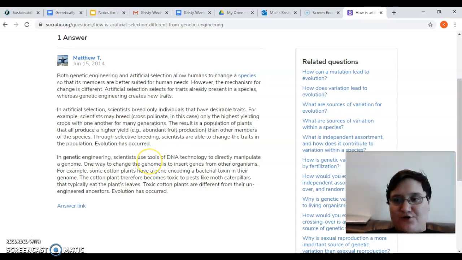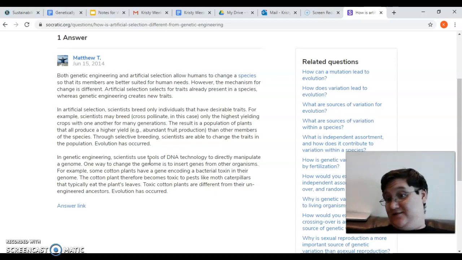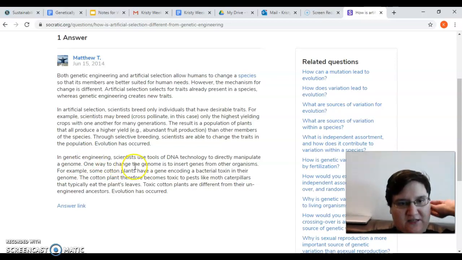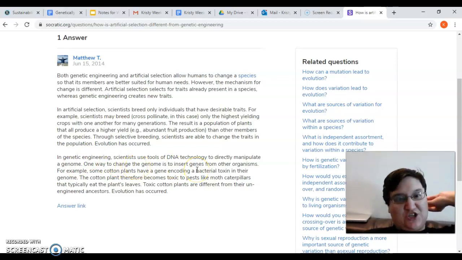Genetic engineering or GMOs is different because in a lot of ways we can create new traits, right? And that's where things like broccoli and cauliflower, and I forget the last one we read, have been created because of genetic engineering. So it says in genetic engineering, scientists use tools of DNA to directly change the genes of the animal or the plant.